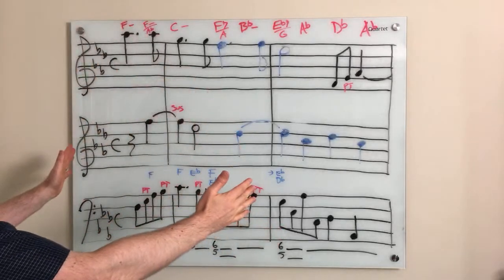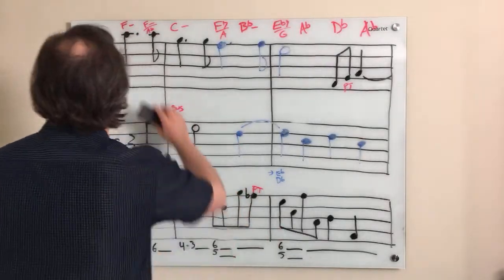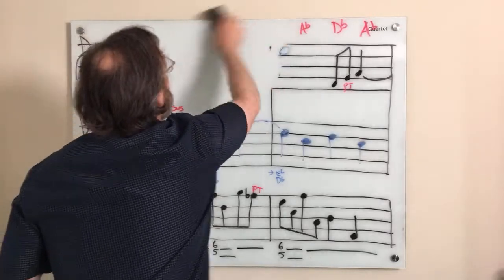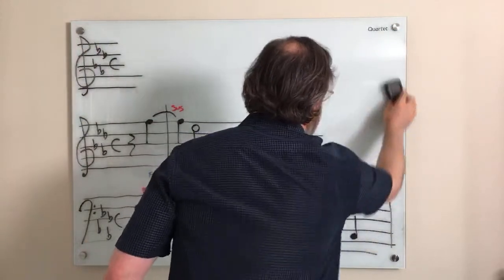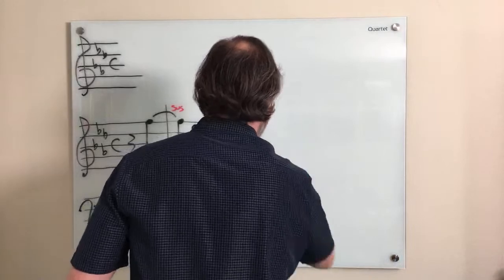So this is how I would handle those first couple measures. Let me put up some additional measures onto the board, and we can keep going in this example because that gets us started and kind of gives us the step-by-step process that we're going to use.